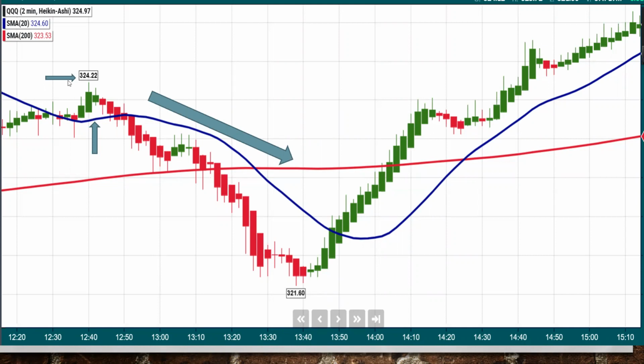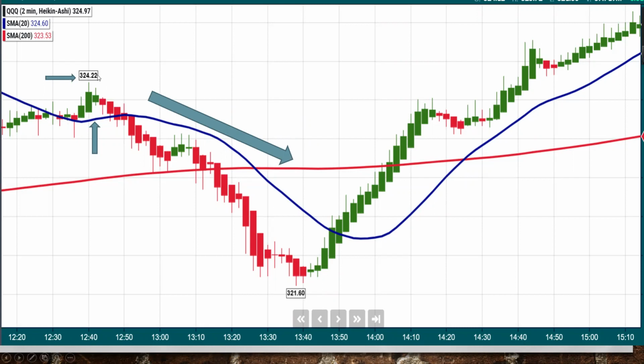So we've got the high of the day, we've got the inside bar at resistance, and we've got a color change. Boom. Don't think about it. You're in, until you make your profit, and then you're out. No questions asked.